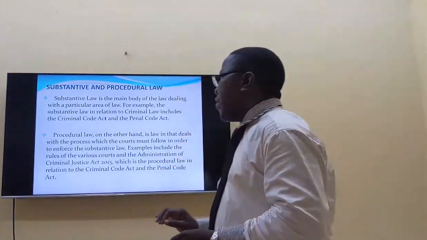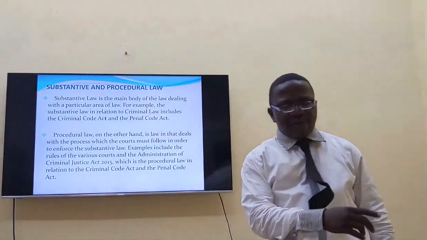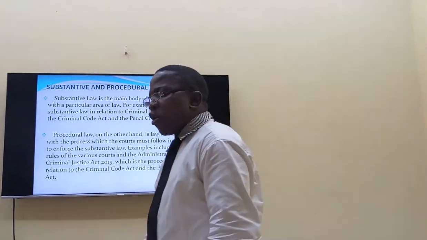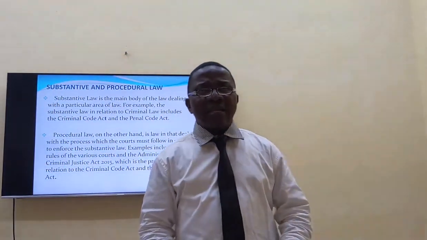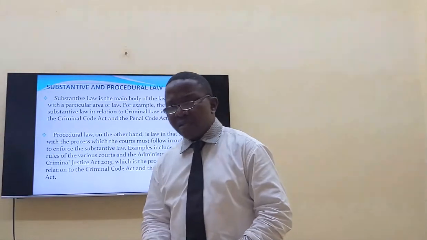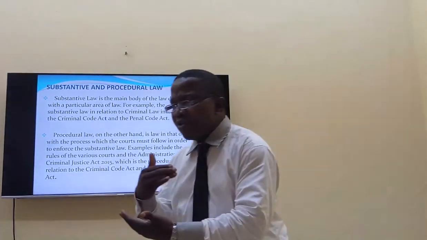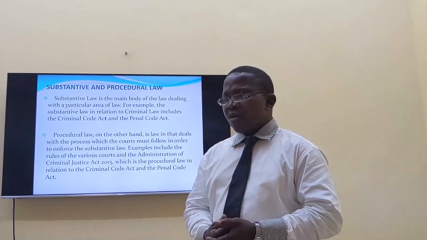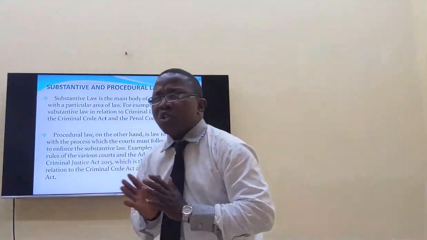What I want to explain here is that in substantive and procedural law, for example, somebody committed a murder. Everybody knows that the matter in question is murder. But there is what we call the procedure. How did you get the evidence? Did you submit it? Was there any picture?